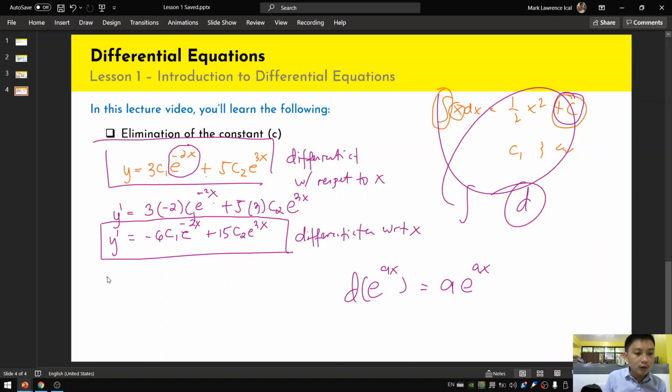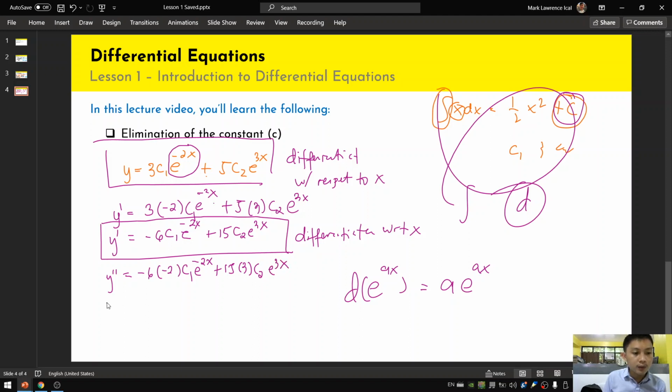So y double prime is equal to, again, negative 6 times negative 2 c1 e raised to negative 2x plus 15 times 3 c2 e raised to 3x.